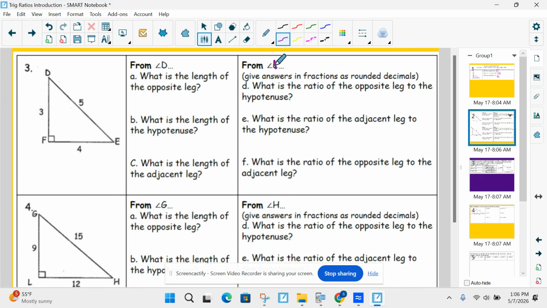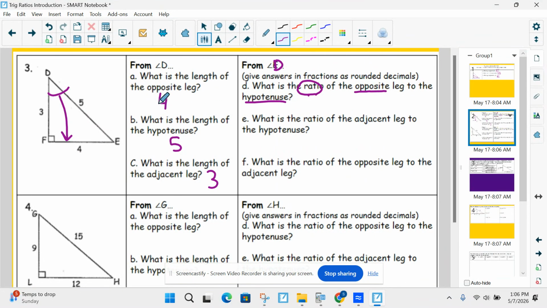Here from angle D for both of these, the length of the opposite leg would be 4. The length of the hypotenuse would be 5, and the length of the adjacent leg would be this one right here, because it's touching angle D, and that is 3. On this side, we're writing the ratios, which means a fraction of opposite divided by the hypotenuse.